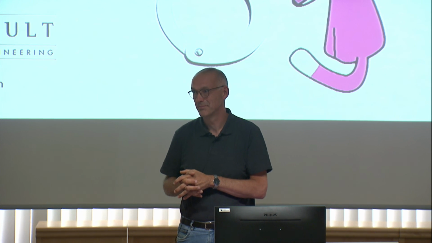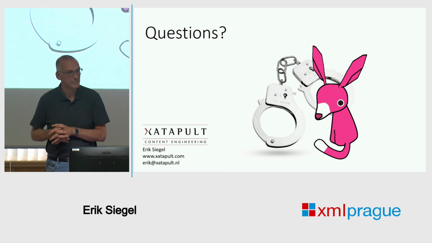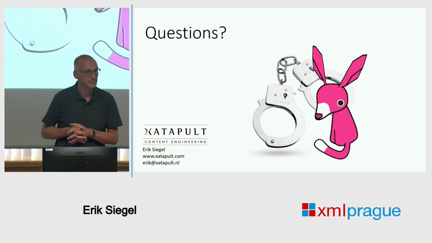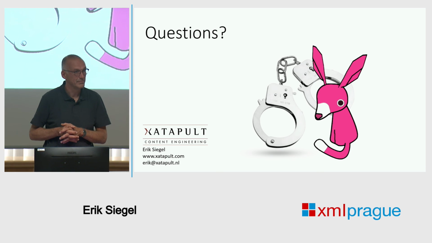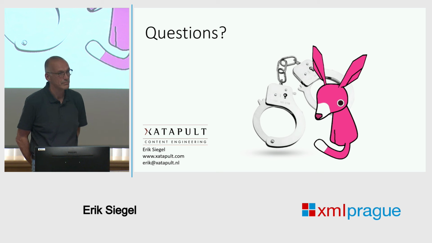I have a remark about the query binding. There's one limitation with the query binding approach in Schematron, and that is that the query binding language has to fit in an attribute.